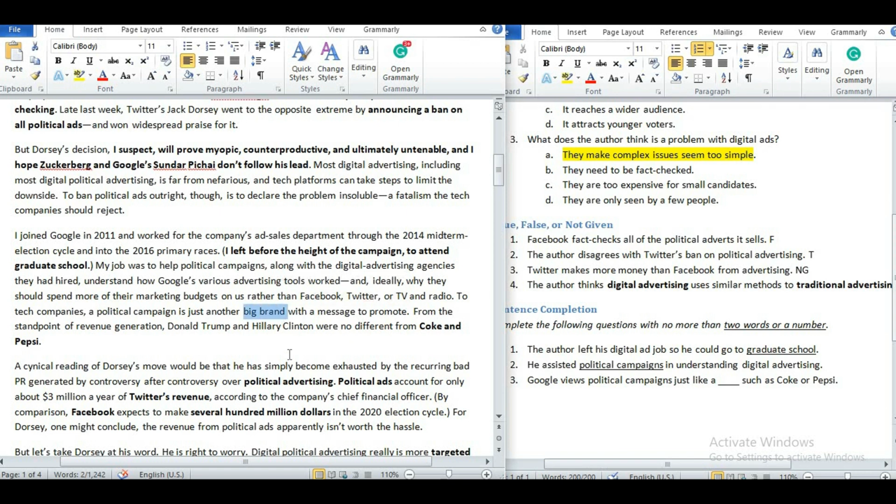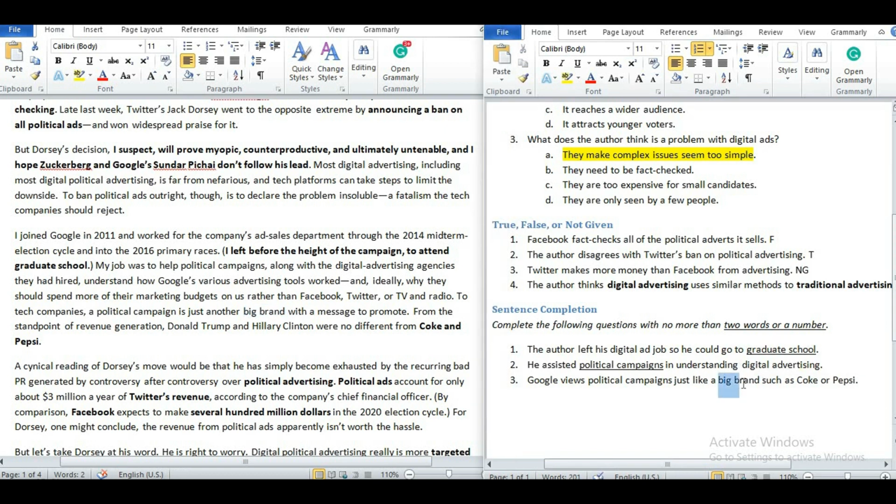Now, our actual answer is big brand, because what else here are Coke and Pepsi an example of? Are Coke and Pepsi a political campaign? No. Are they tech companies? No. Are they a generation? No. So the only thing that they could be an example of are big brands, or are a big brand.